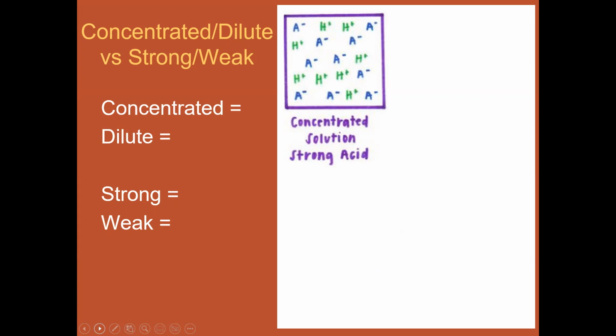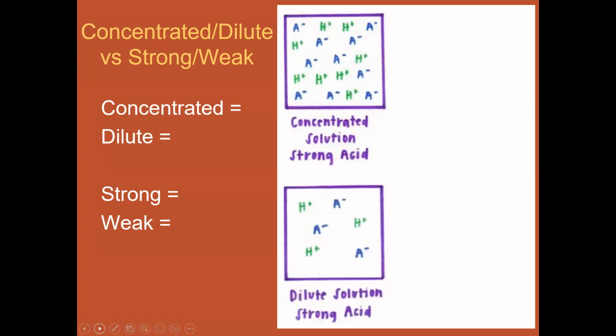And this is depicting a strong acid because all of them are dissociated. Whereas here, we still have a strong acid. We only have ions, but this is a dilute solution. There are not a lot of particles in that same given space.